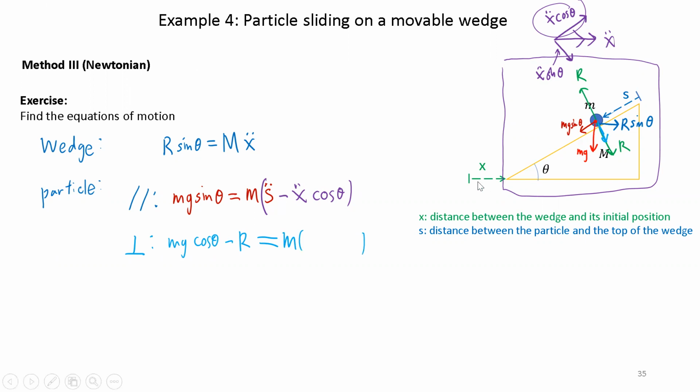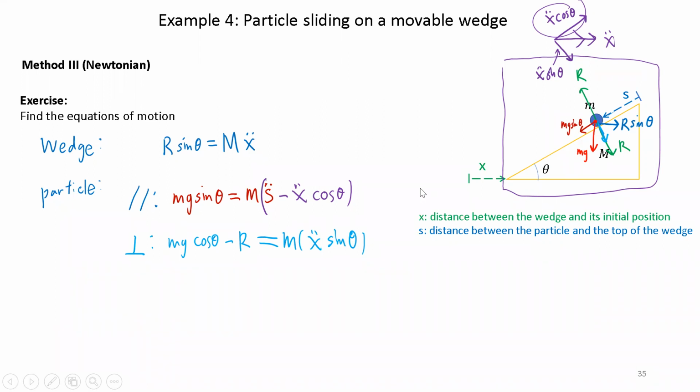If this wedge is not moving, there won't be any acceleration of the particle along this direction. But again, because the whole thing is moving, this x double dot acceleration will give this component, x double dot sine theta. So that's what we have. You can see how it is, of course, more complicated than the fixed wedge.